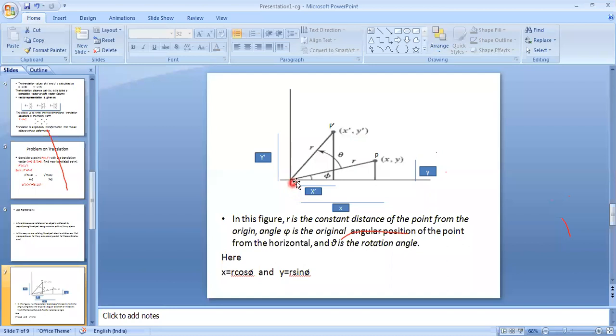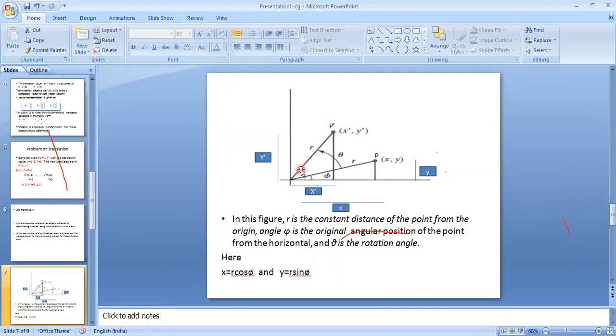Now come to this point. This is my point P, which is making an angle of phi. On the same lines, consider this P dash, which is making an angle theta.